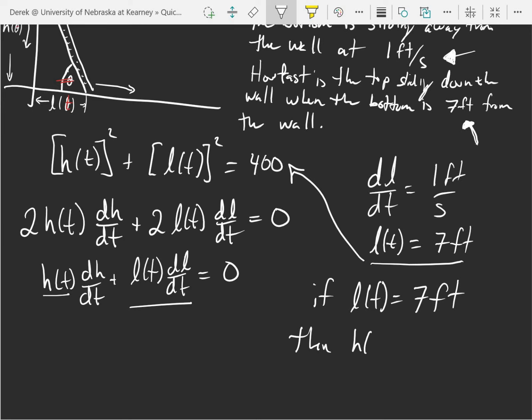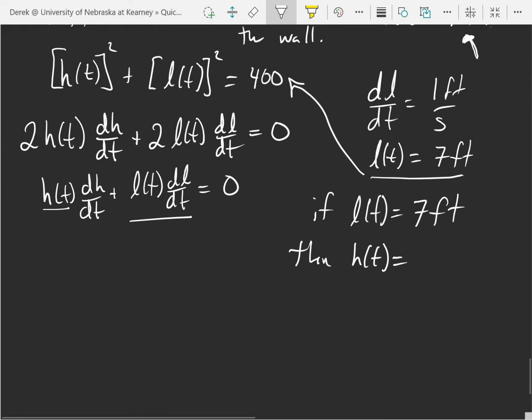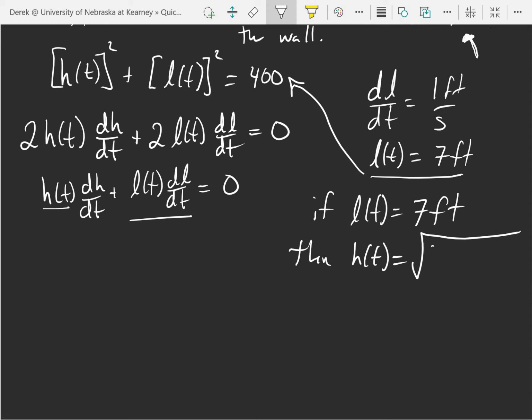then h of t is equal to the square root of 400 minus 49 equals the square root of 351, which I don't think is a perfect square. Is that 19?